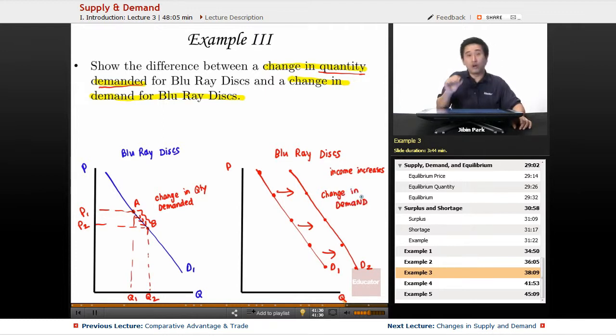When something other than the price of the actual product changes, then there's a change in demand. Here, there's merely a change in quantity demanded. So it's good to know what causes a change in demand versus a change in quantity demanded. Same thing applies to a change in quantity supplied versus a change in supply.